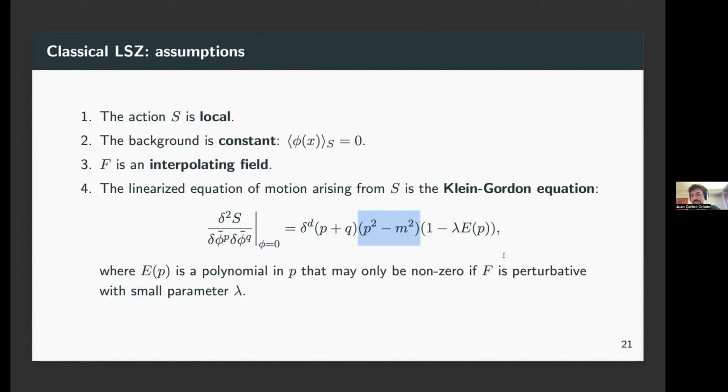There's something I haven't mentioned here: if your redefinition is perturbative, it might add extra things into the quadratic part of the action, and then you can have some momentum dependence, which is not the Klein-Gordon equation. But again, this is thinking about perturbation theory always. So as long as this is a small parameter, it works.